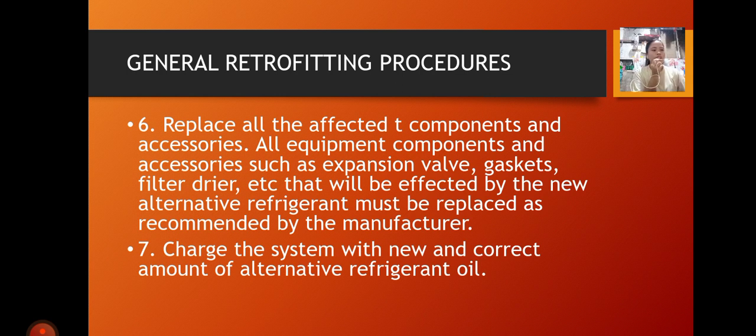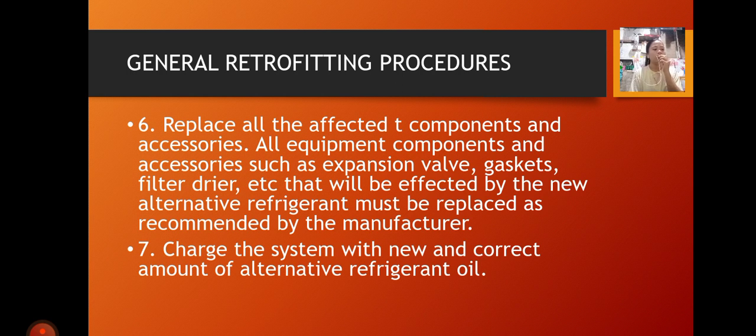So, in number 6, with the new alternative, most CFC or HCFC systems with expansion valves will operate satisfactorily. However, it may be necessary to adjust the superheat if the system uses a capillary tube.